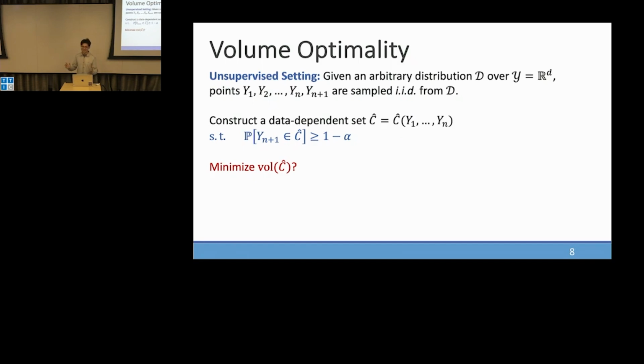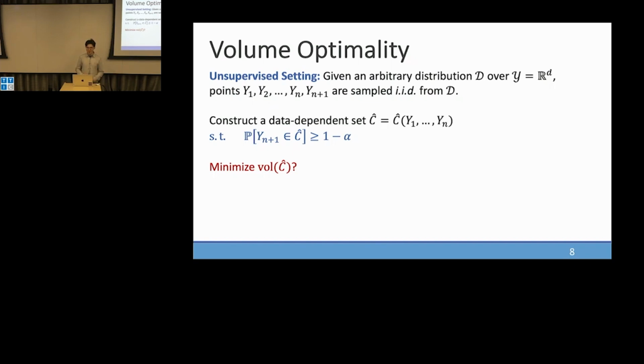So first, let's formally define what volume optimality is. We start from the most simple unsupervised setting. In this case, we can consider we have no feature x, or the feature space of x is a singleton. Then we are given an arbitrary distribution D over the space Y, usually a Euclidean space.